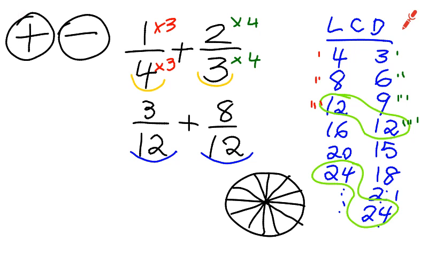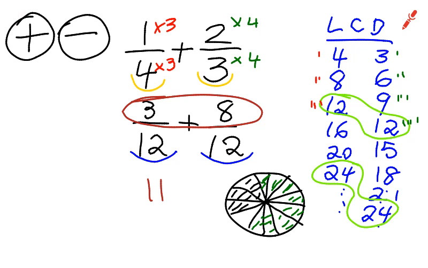So this time we are talking in 12ths, so 3 12ths would be that, and then 8 12ths would be that. So we are talking the same size. We can add them this time. So we have 3 and 8, we have 11 of those 12ths.